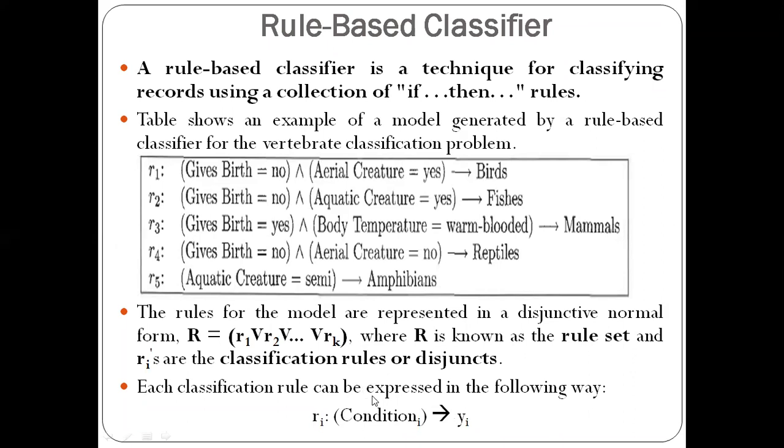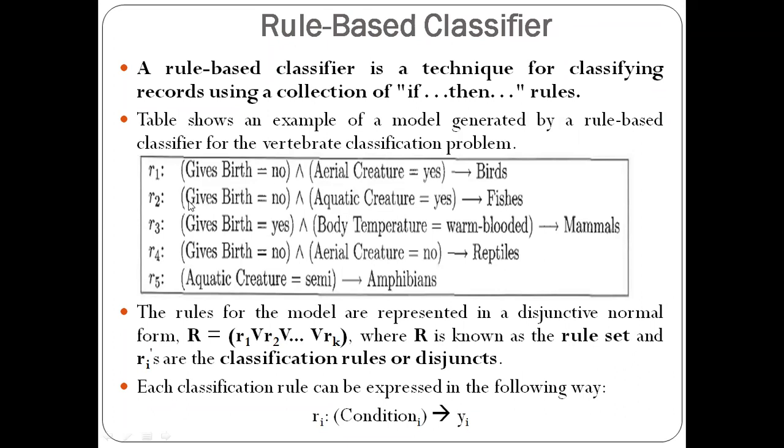This LHS part, that is the condition, will be in the form of attribute value pairs. If you look here, gives birth is an attribute, and in the same way, aerial creature is also an attribute. In gives birth equal to no, no stands for the value of gives birth. In the same way, aerial creature equal to yes, yes is the value of the attribute aerial creature.